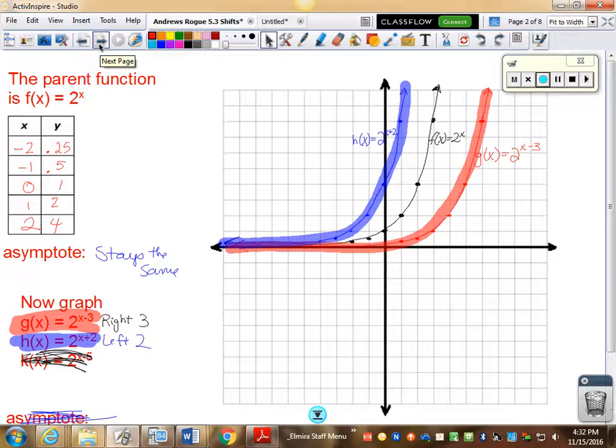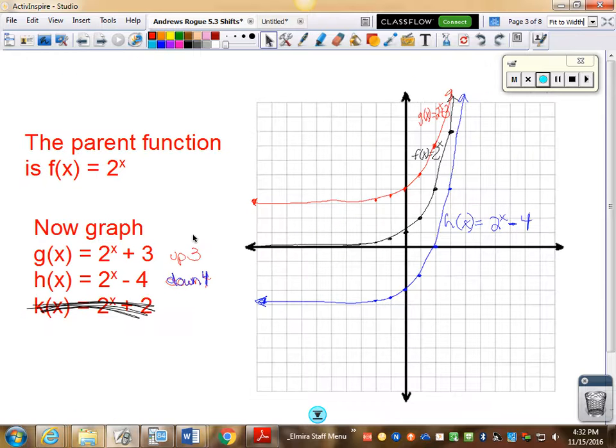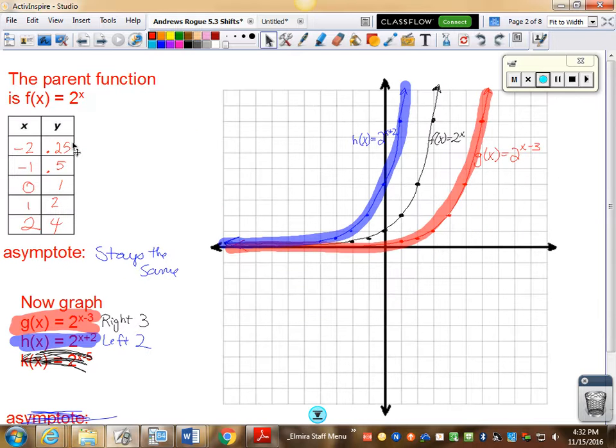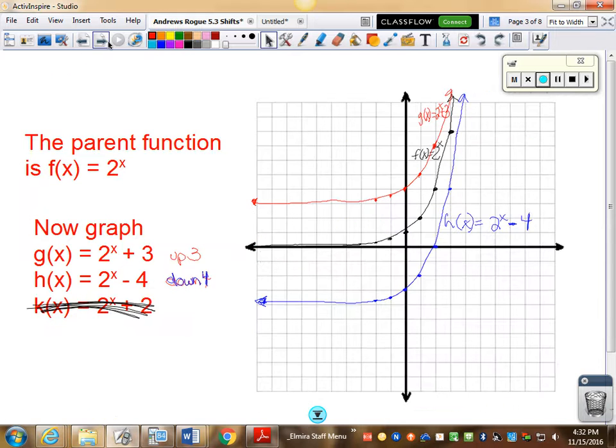For the next set of graphs, I used the same parent function, 2 to the x power. So I used these same coordinates right here, and I graphed those. This time I added 3 to the function.